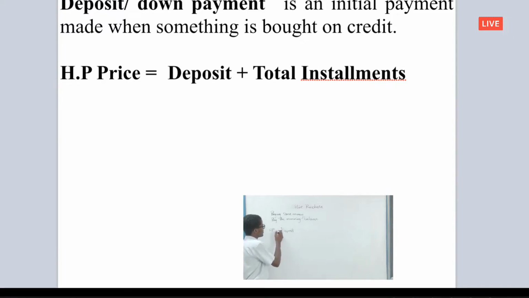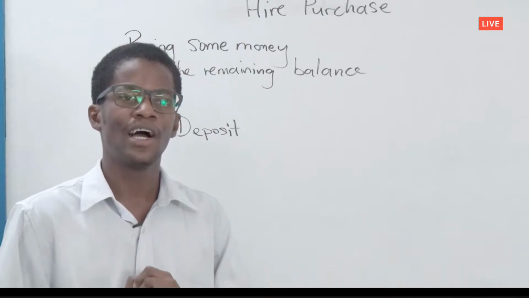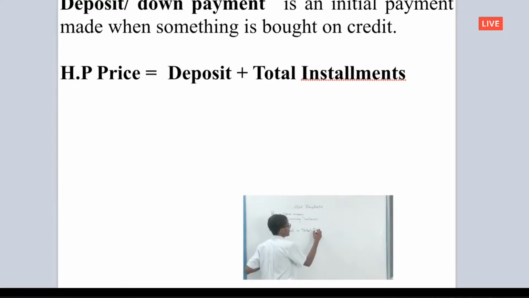What else? Good. So it's our deposit plus our total installment. Thank you very much. So now take note of that formula. Hire purchase is equal to our deposit plus our total installment. So that's our hire purchase price.